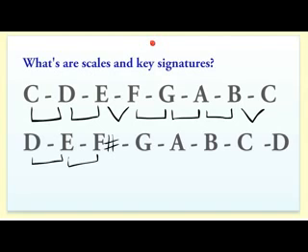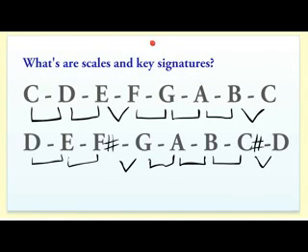Now I need a half step, so F sharp to G, sure enough, is a half step, 1 fret. And I keep going. Here we go again. B to C is not a whole step, so I have to make this a sharp to make it a whole step. And then C sharp to D is a half step, so it matches the pattern.